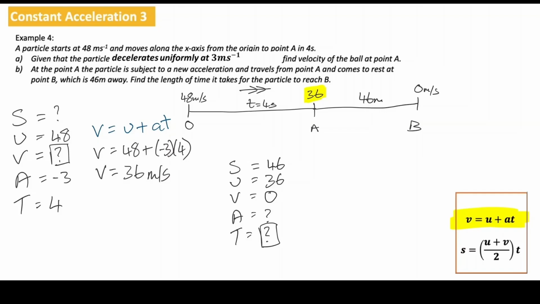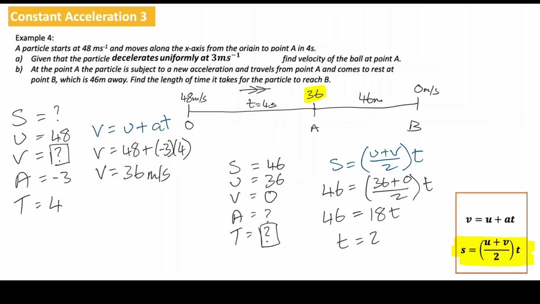Okay, we're working with S, U, V, and T. This is the second formula over here. Okay, so as always, we're going to quote the formula, substitute the values in, and rearrange to make T the subject. Now, just looking at the numbers, you probably do need your calculator for this one. 46 divided by 18 gets us 2.56 seconds. So that's the time for this journey segment A to B.